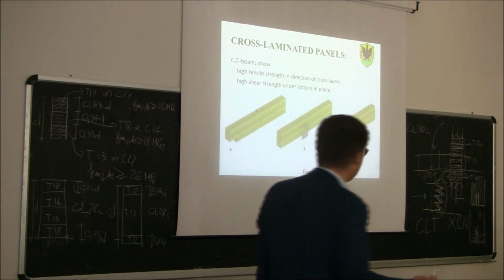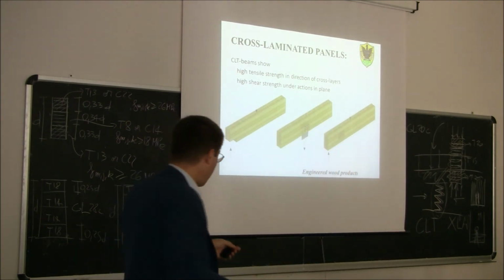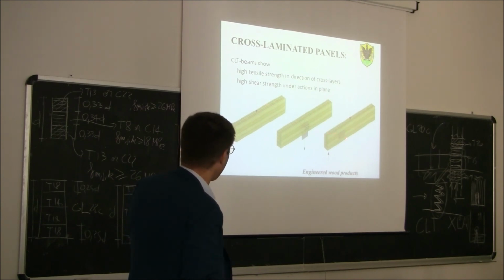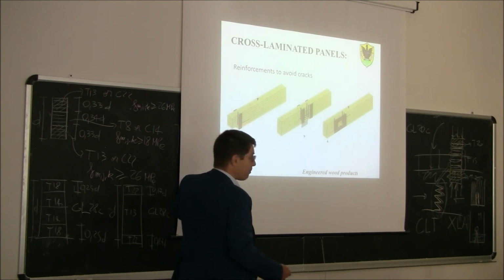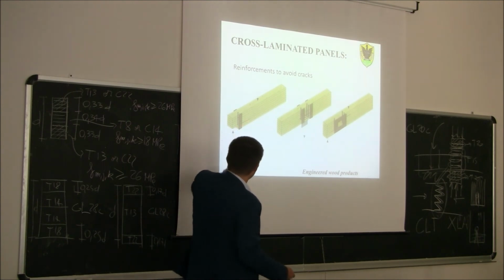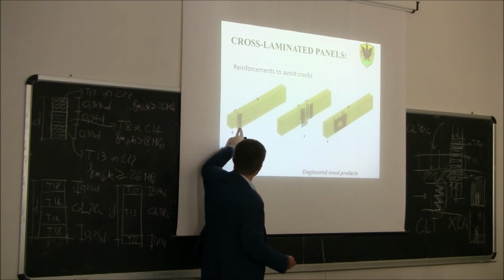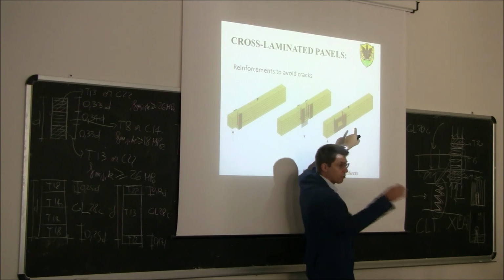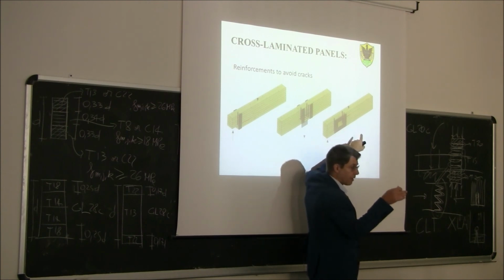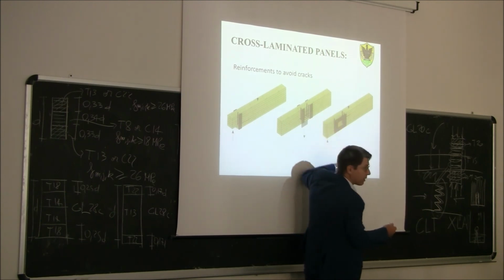So for this reason, particularly for very big beams, and where we have notches or holes like this, those notches or holes are other critical points. Because you see, if you have a notch here, very often you have a crack starting here. So with a notch, you need again to put a reinforcement, or with a hole, for example, when you need to go with services inside, also here you need to put some reinforcement.